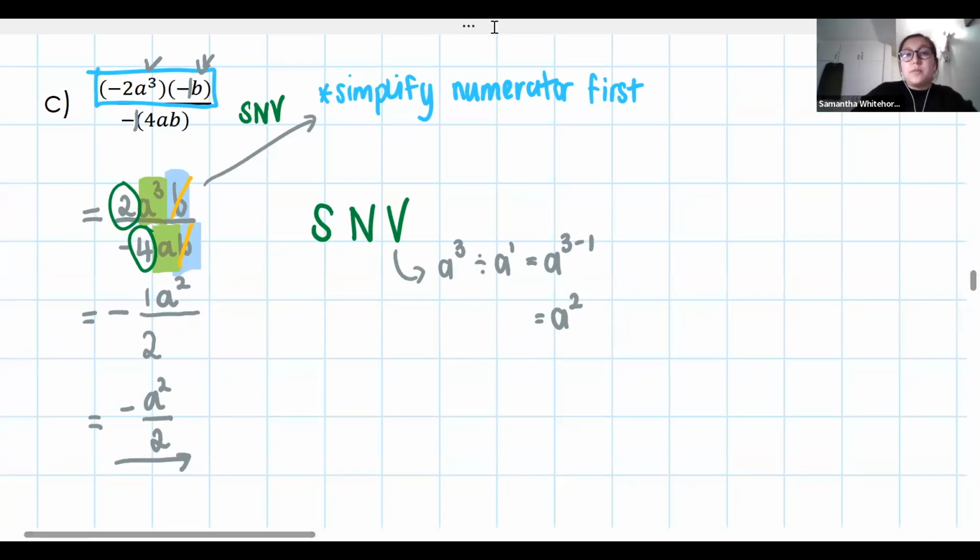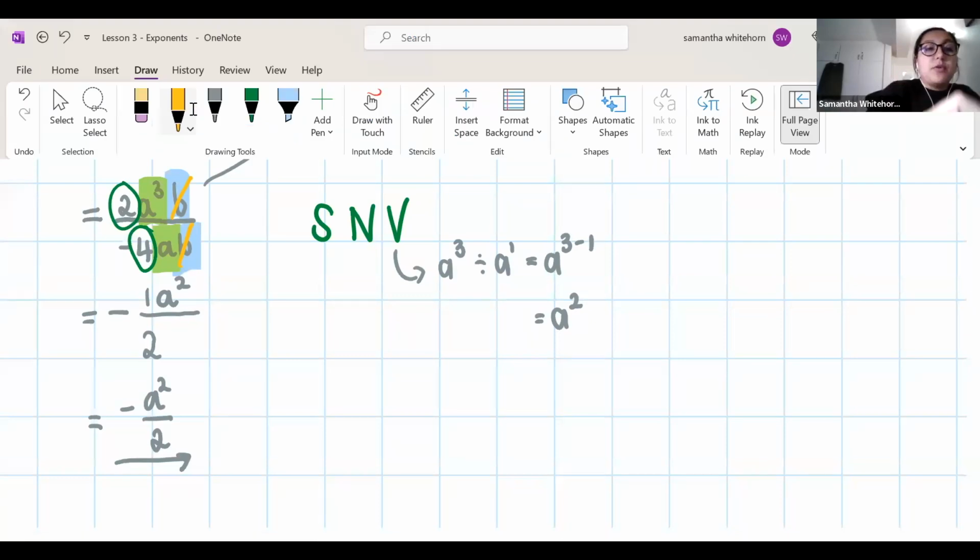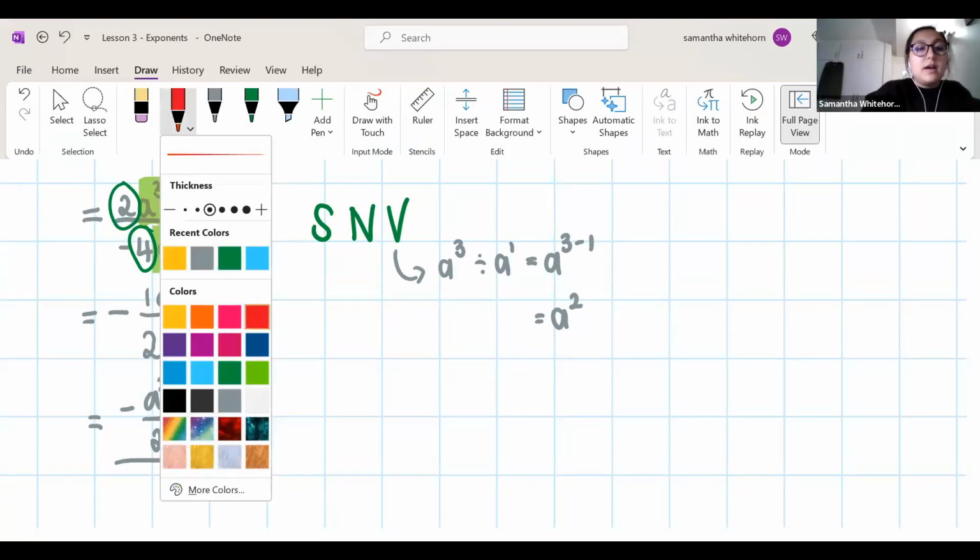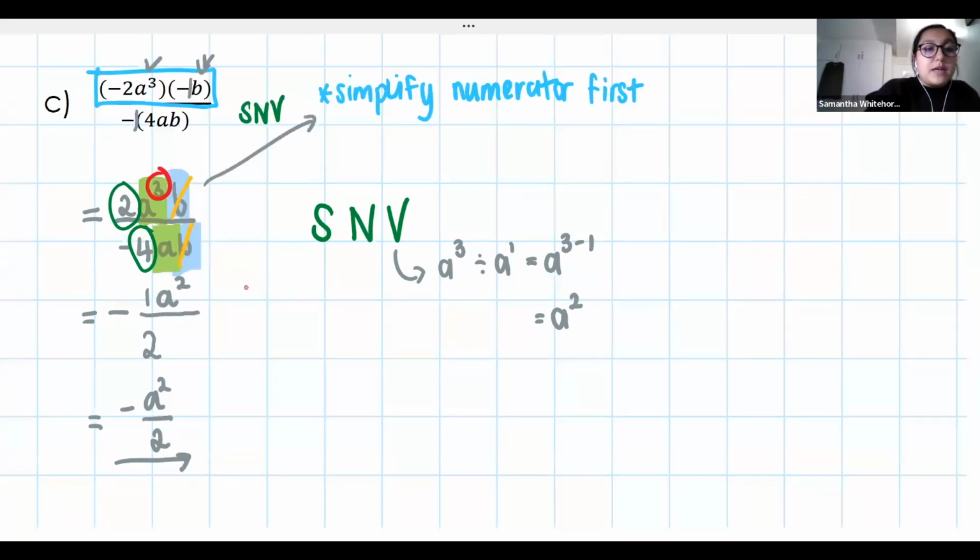So for example, here we can see that my exponent for A, let's get another color, my exponent for A was bigger in the numerator. So this answer that I'm getting must go into my numerator. That's how I prefer to think about it. So let's actually write this down.